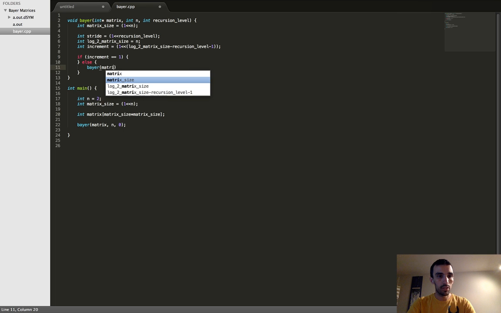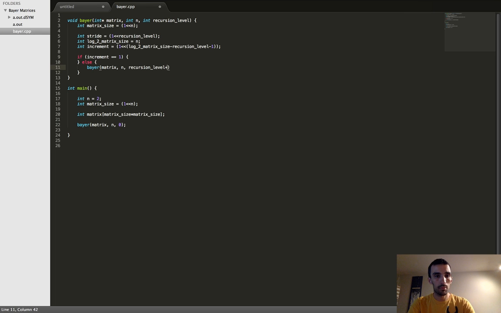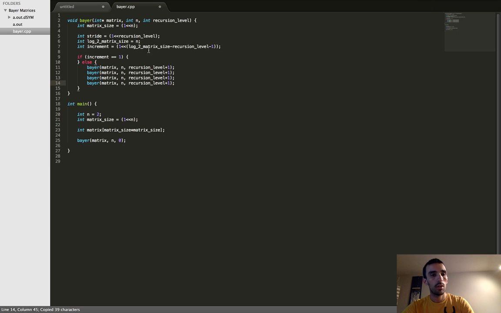So let's do this, matrix n, and now recursion level +1. And you know what? I think I need one more parameter in my happy function here. It's a happy function because I was watching Bob Ross. I need like a start number, a number to start at.